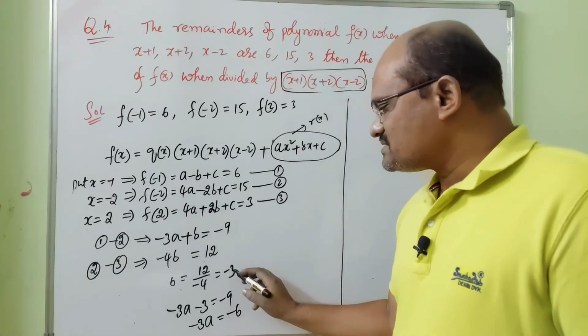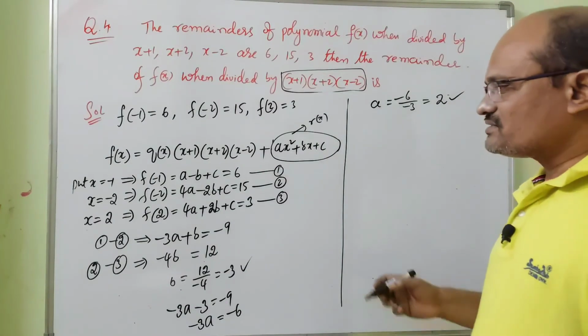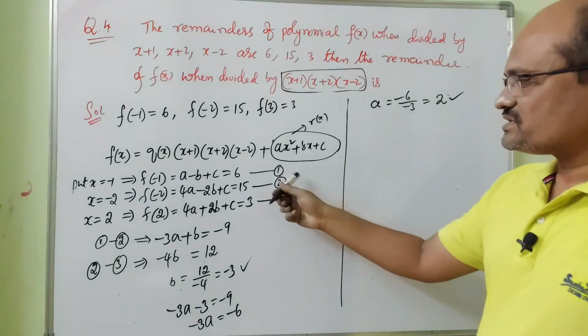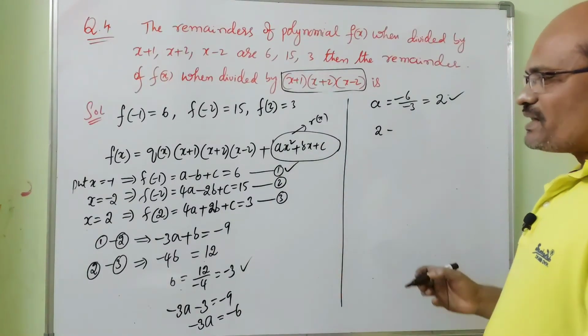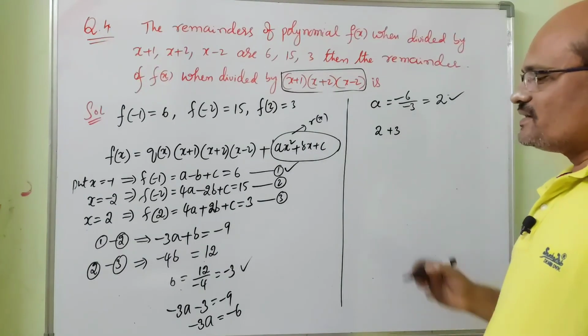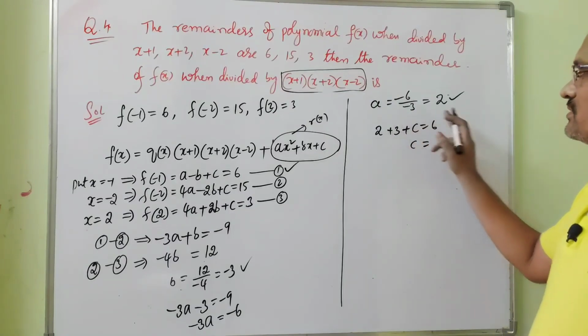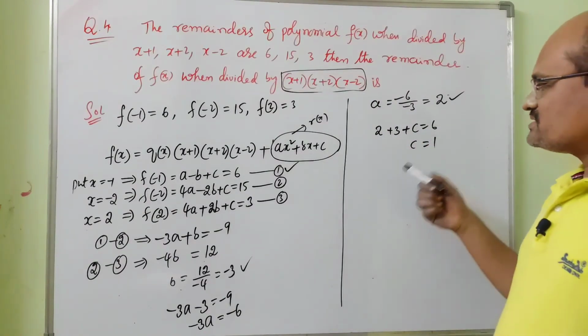I got b as minus 3, a as 2. For that you substitute the a and b values in the first equation. a is 2, b is minus 3, that becomes plus 3, plus c equal to 6. So c equal to, this is 5, 6 minus 5 is 1. So I got all the values of a, b, c.